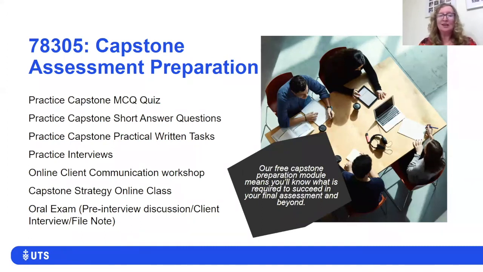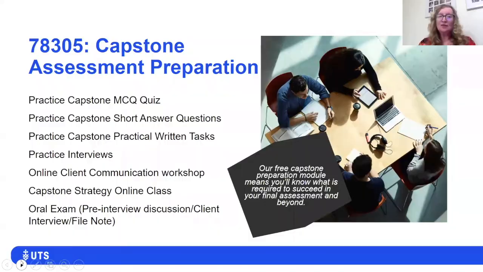But our online strategy class is really popular because we have our successful graduates come back who have actually either already passed the capstone or who have sat a component, and they come back and share their strategy and tips with us. The oral exam is one of the possible assessments for 78305, and that too, of course, is good practice for the capstone.